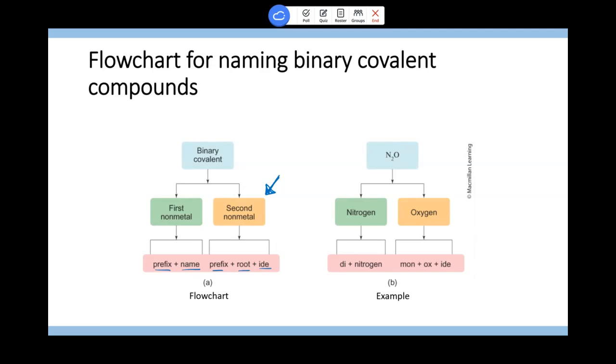So for example, I have N2O here. The first element is nitrogen. There's 2 of them, so we say dinitrogen. And then we have 1 oxygen, monoxide. Mon for 1, ox for oxygen, ide, because that's how we end these things. So that's dinitrogen monoxide.